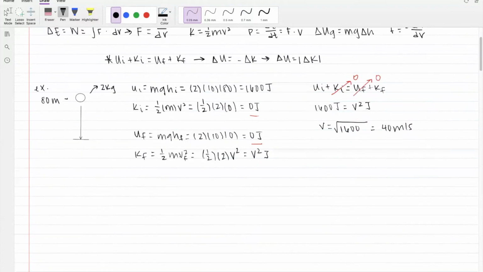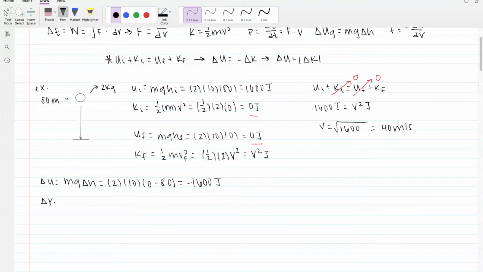All right, now let's use this equation. Delta U, which is equal to mg delta h, is equal to 2 times 10 times, so we went from an initial height of 80 to a final height of 0. So that gives us negative 1600 joules.